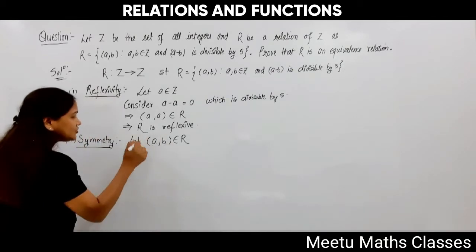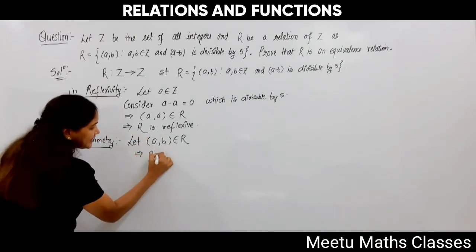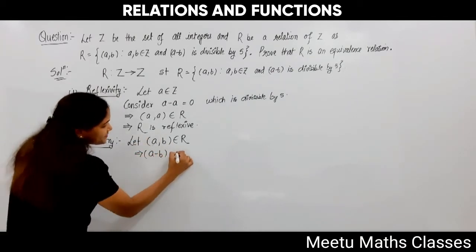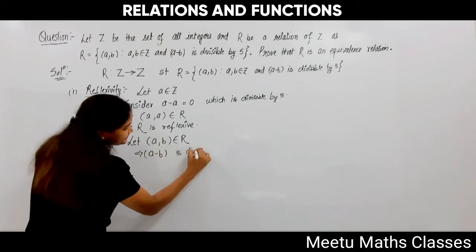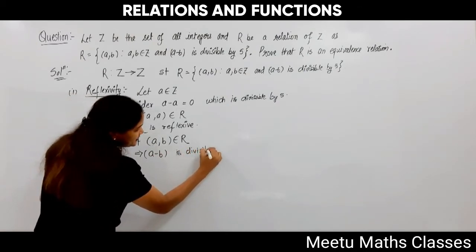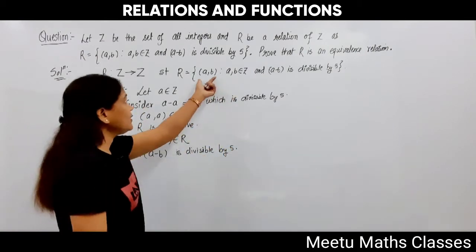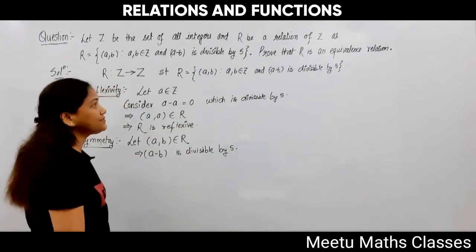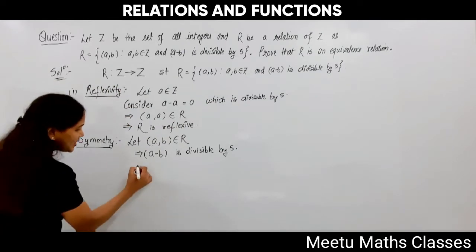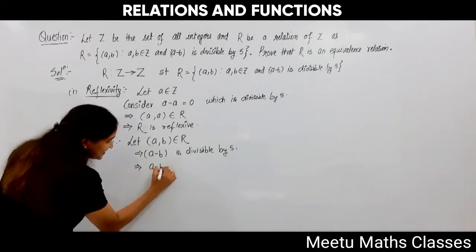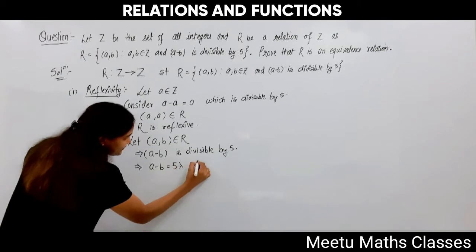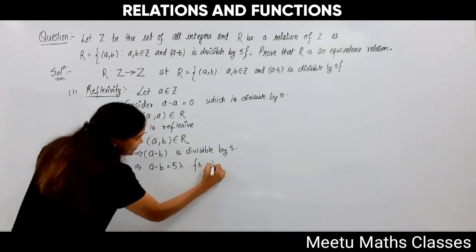If a is related to b, that implies that a minus b must be divisible by 5. That is the definition. If a is related to b, then a minus b is divisible by 5. That implies we can write a minus b as 5 lambda for some integer lambda.